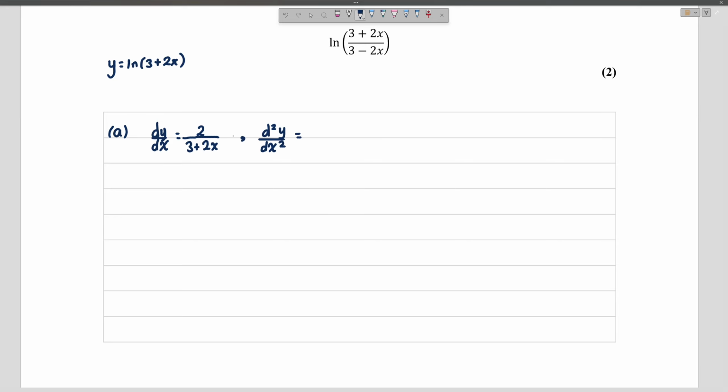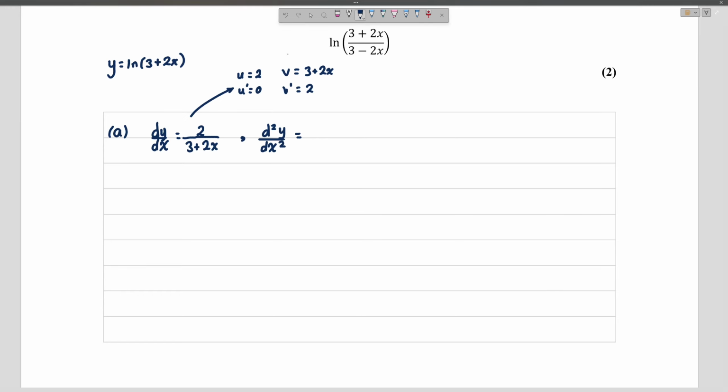For the second derivative, we have a quotient of functions, so we now need to use the quotient rule. u is equal to 2, and v is my denominator, 3 plus 2x. u prime is just 0, and v prime is simply 2.